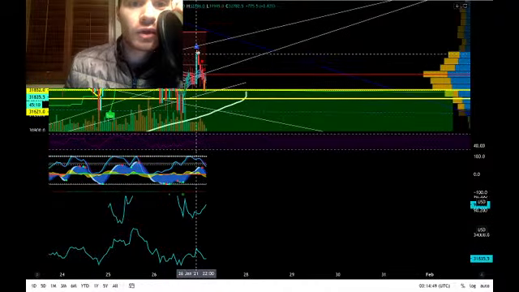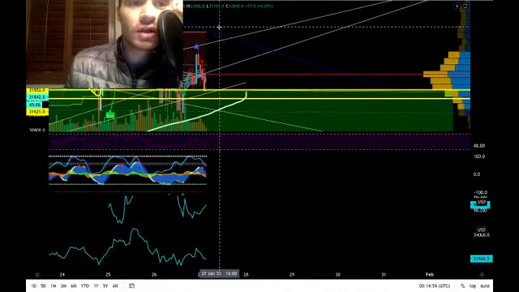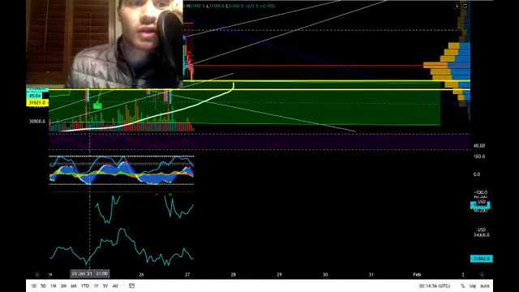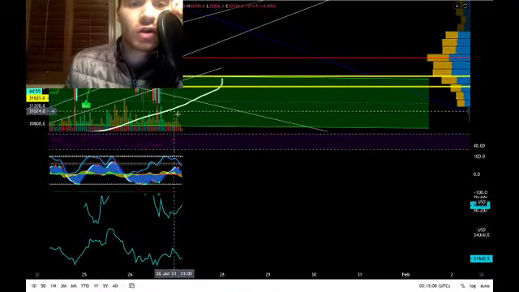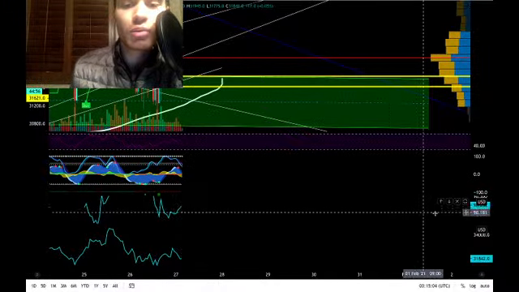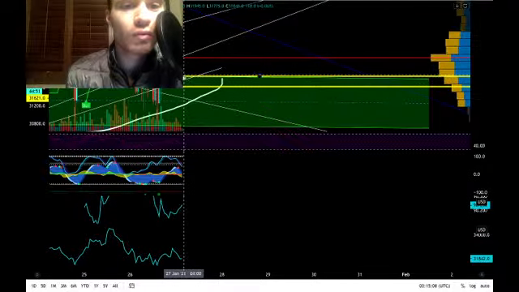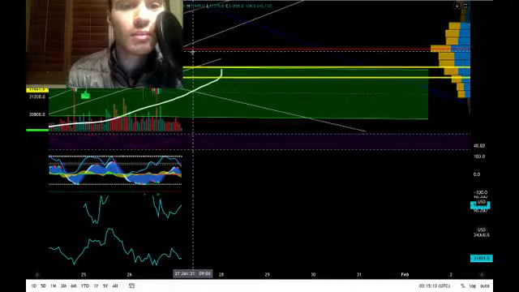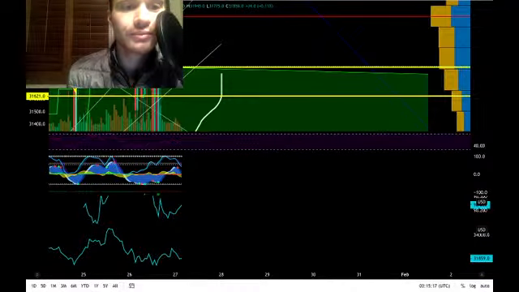You have potentially Market Cipher and SuperTrend both saying sell ideas on the 1 hour, but at the same time when we look at the volume indicator, it's trending down. So essentially how I would interpret that is that we're consolidating, and it looks like temporarily we found support on this major trend line right here, potentially.